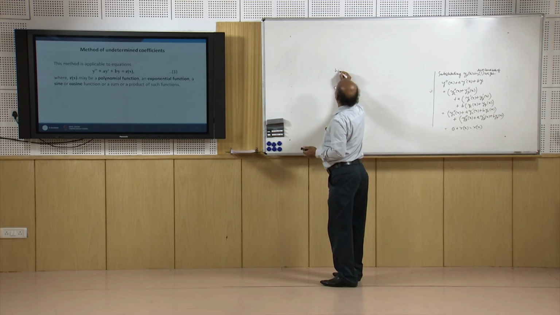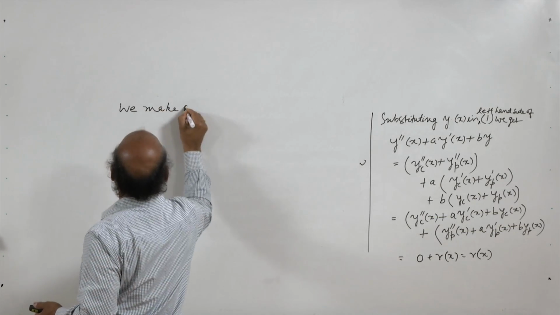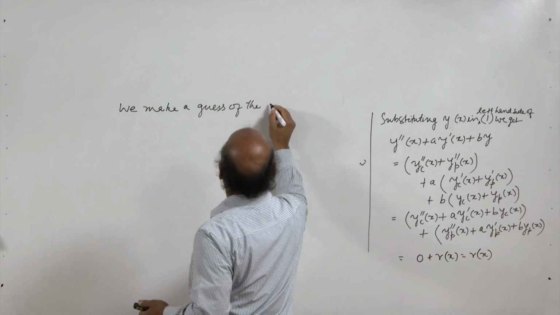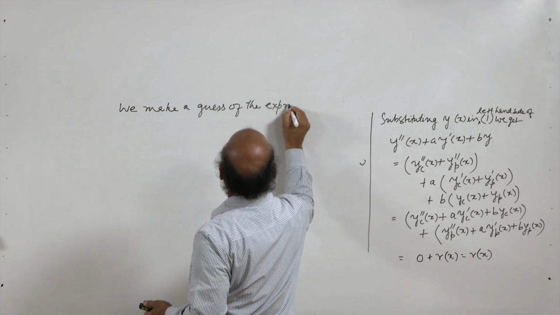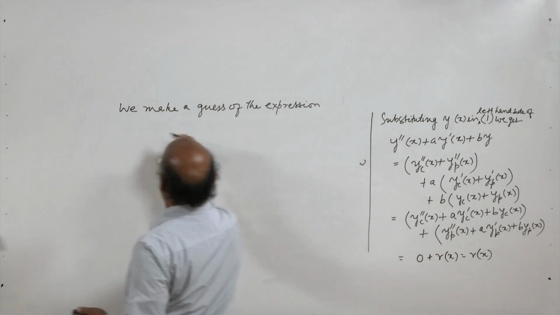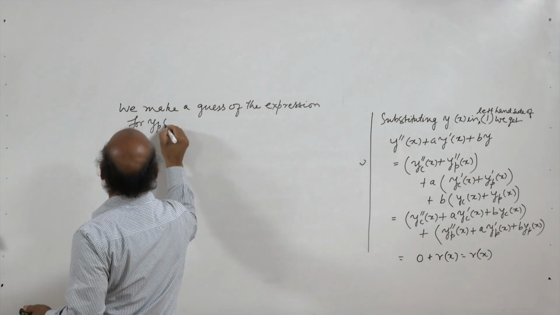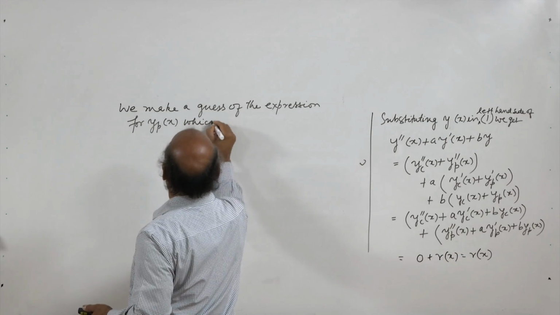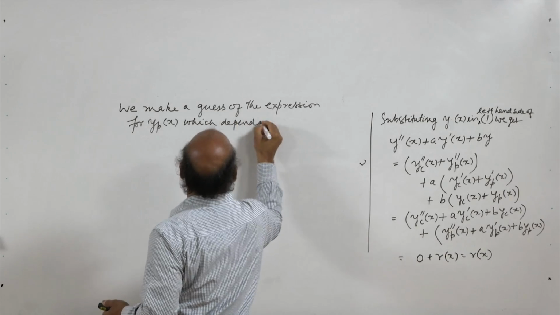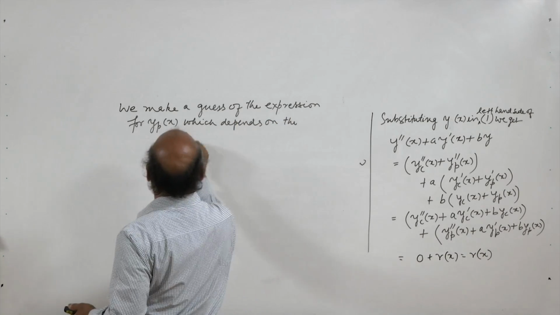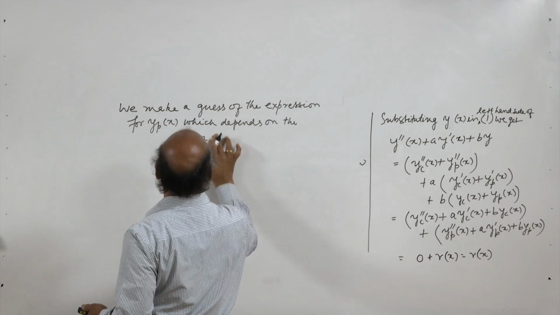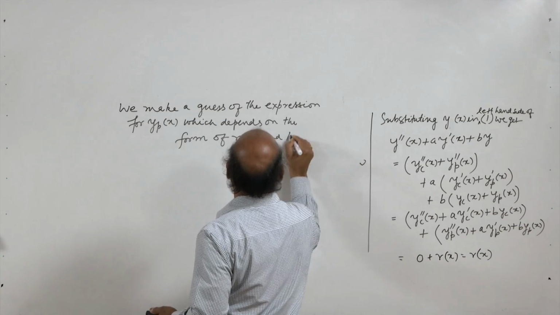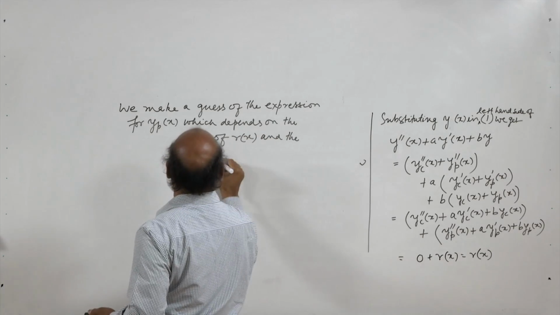So we make a guess of the expression for y_p(x) which depends on the form of r(x) and the complementary function.